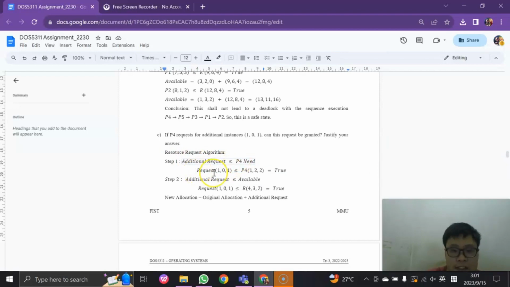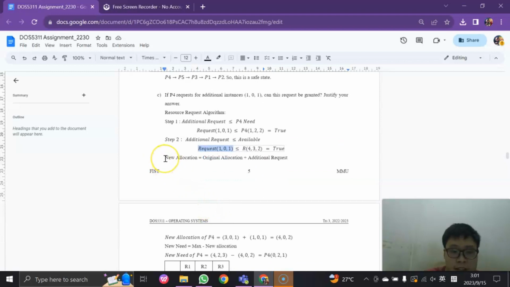So the request 1 0 1 is less than or equal to the need for P4, 1 2 2. Step 2. The additional request must also be less than or equal to available. So request 1 0 1 is also less than or equal to 4 3 2.